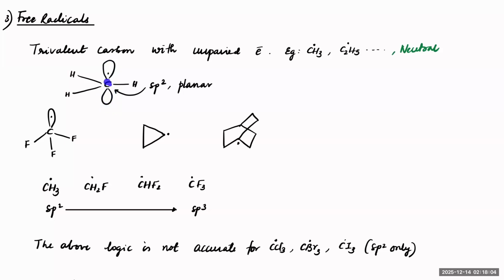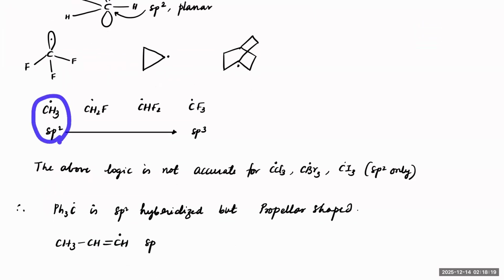And that will carry an sp2 hybridization here. So which means these hydrogens will remain planar. Okay. And see now what would happen. You have sp2 which is planar going towards CF3 which is completely tetrahedral. That means the more the halogens increase, the more it will start converting into pyramidal shape.